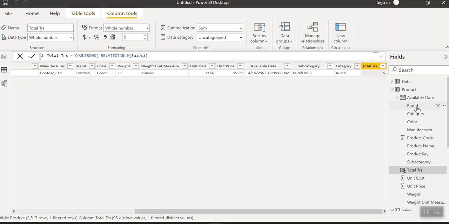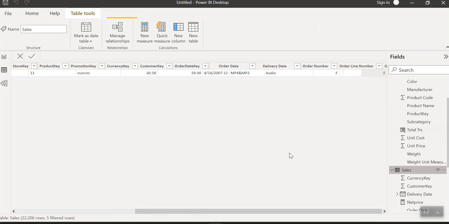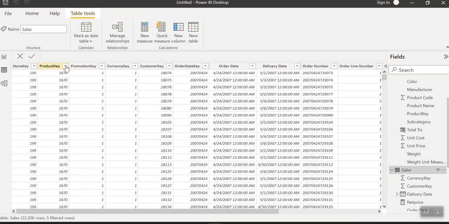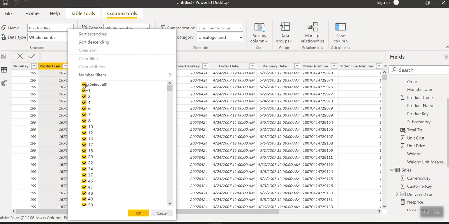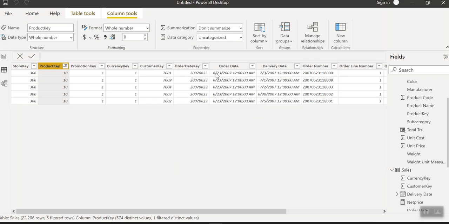So let us go to the sales table and verify if there are 5 or not. Product key, filter it with 10. If you see, 1, 2, 3, 4, 5. So there are a total of 5 transactions that have happened for product key 10. This is how it is going to be.